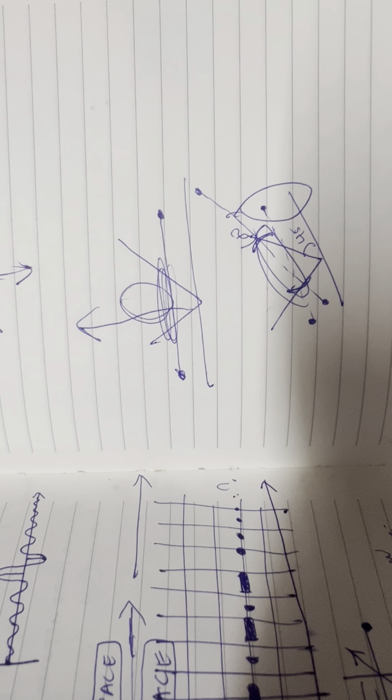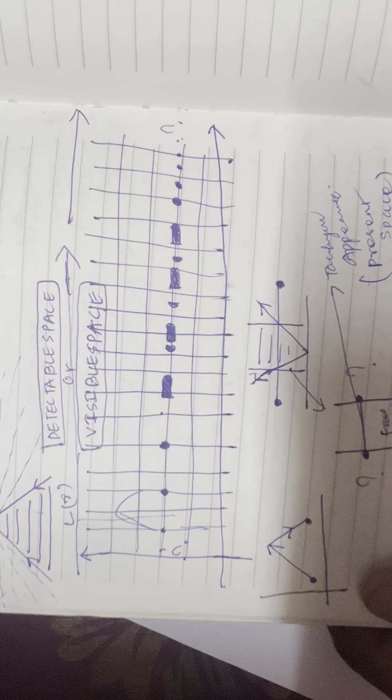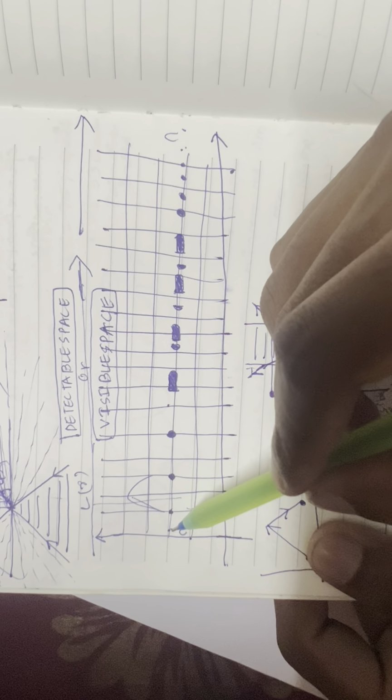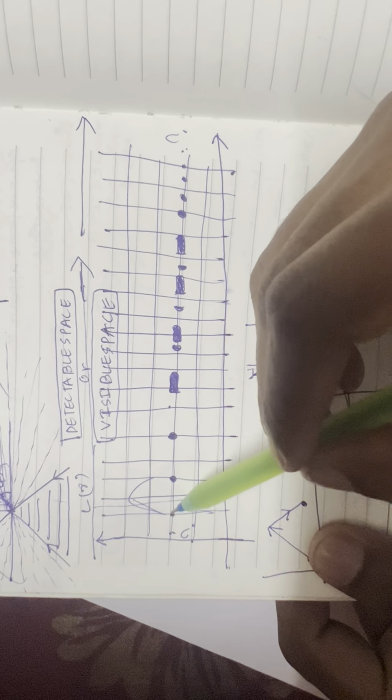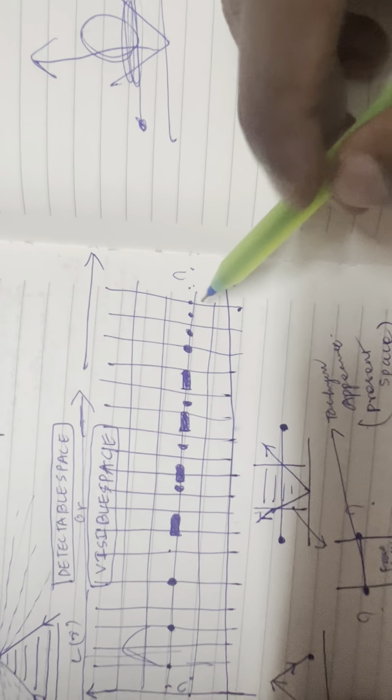When a tachyon travels from outside the light cone, which is completely space-like, to inside, it will appear like this. This is the detectable or visible space. It will start from a point, and slowly it will become 2D, then 3D.